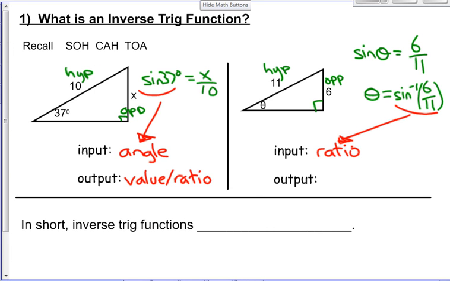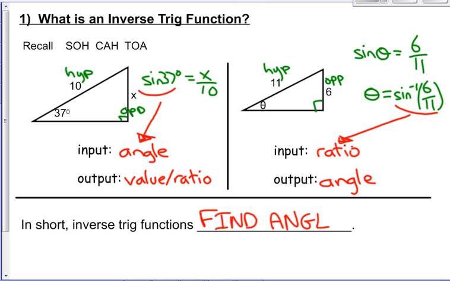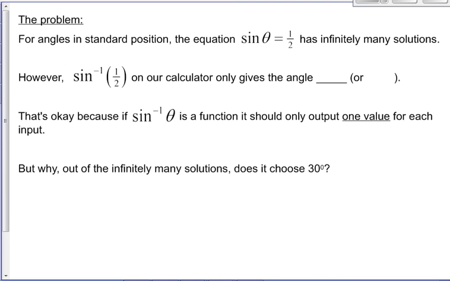So the output is the angle. In this case, it was about 33 degrees, which, given that the diagram's kind of to scale, looks about right. In short, inverse trig functions find angles, in simplest terms.